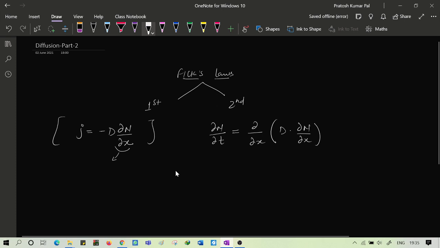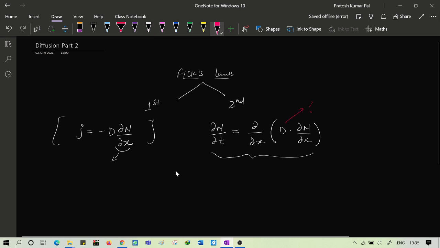Now, to proceed to solve this second law, we need to differentiate this complete term with respect to x. This differentiation can have variation with respect to the D value.